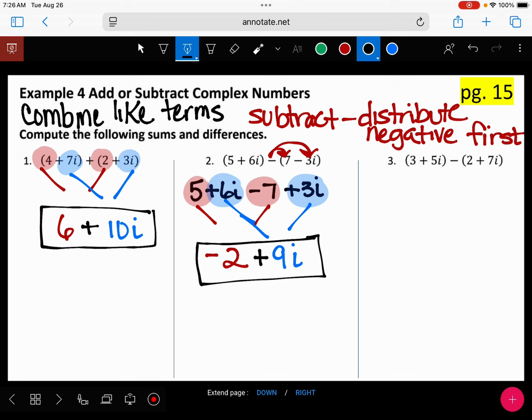All right, try to do number 3 by yourself. It's subtraction, so you're going to distribute the negative first.